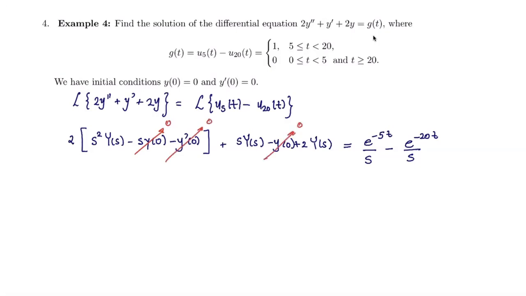And so what remains is the characteristic polynomial, 2s squared plus s plus 2, times Y(s), and that will equal e to the minus 5s minus e to the minus 20s, all over s.